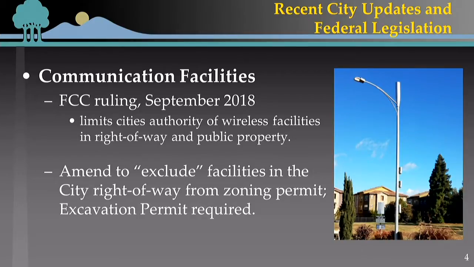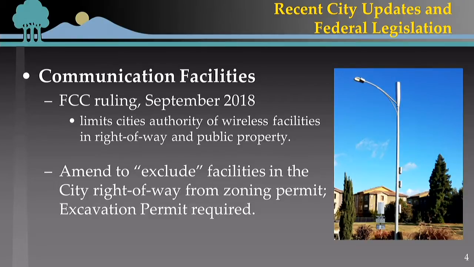For communication facilities, in September of 2018, the FCC passed a declaratory ruling restricting cities' regulatory authority of wireless facilities in the right-of-way and on public property, as well as reducing the time frame for review, fees, and discretionary aesthetic criteria, which effectively makes this process a ministerial review.